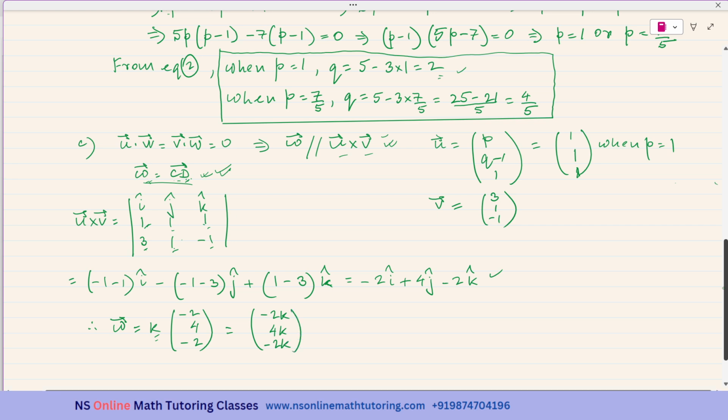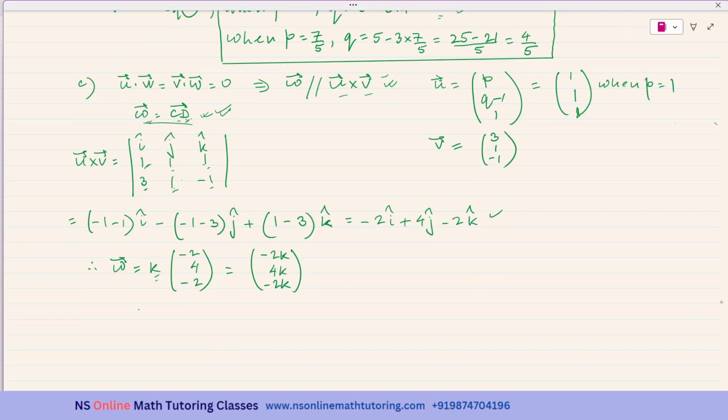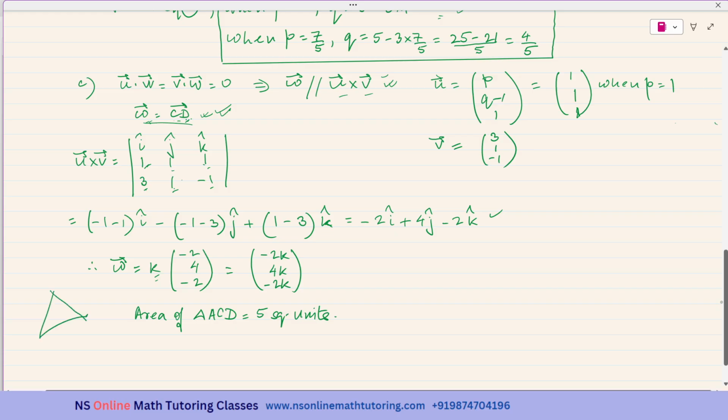And they have said that the area of triangle ACD is equal to 5 square units. So ACD, I'm drawing a rough triangle, ACD.